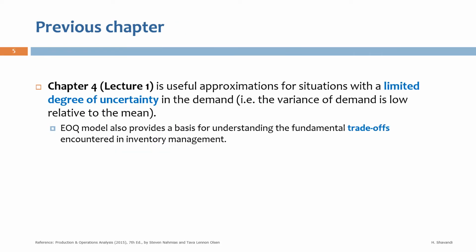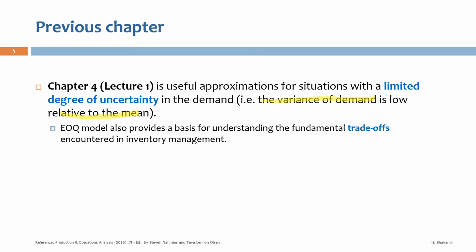Even if we don't have a firm contract and we know that the demand is uncertain, we can still use the chapter 4 models, I mean the EOQ models, if the variance of the demand is low relative to the mean. In that case, the EOQ models can be a good approximation.